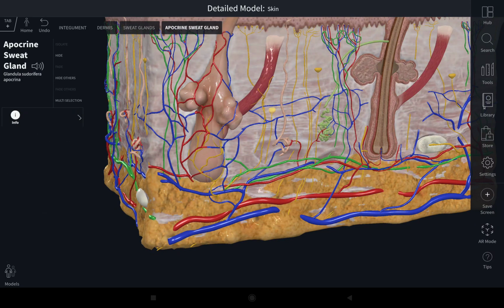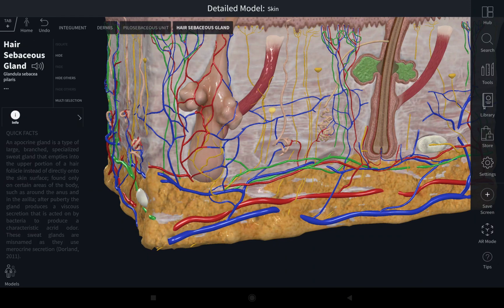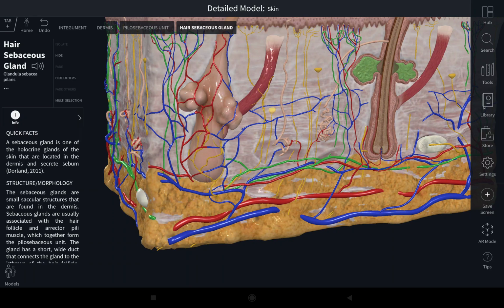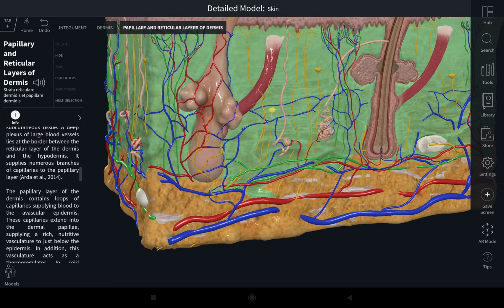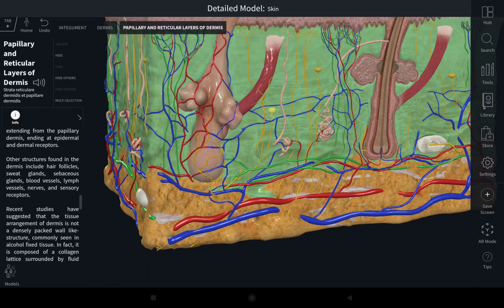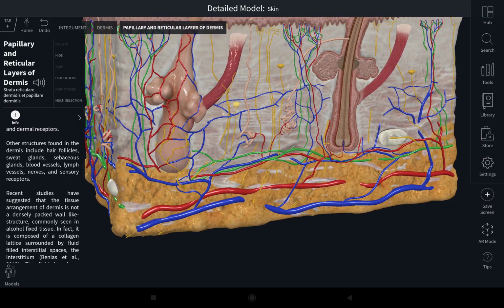This is the sweat gland. And this is the sebaceous gland. Blood vessels, lymph vessels, nerves, and sensory receptors.